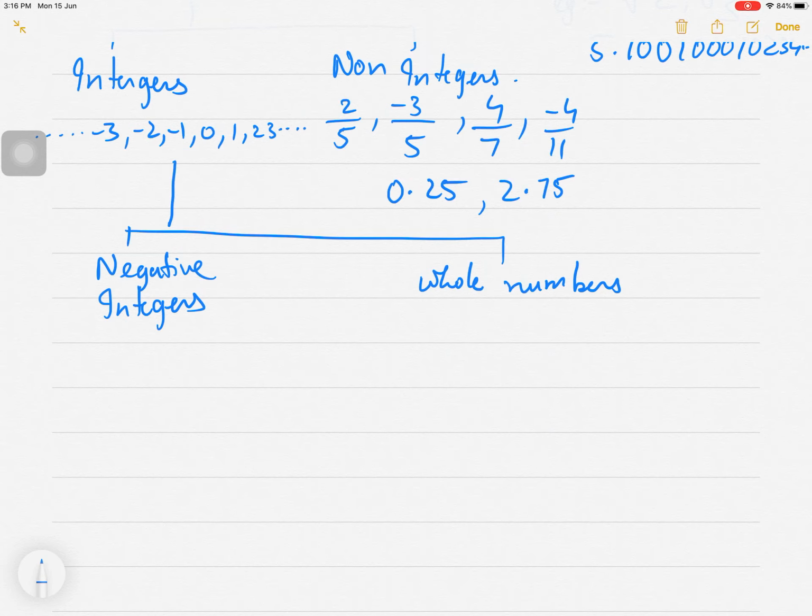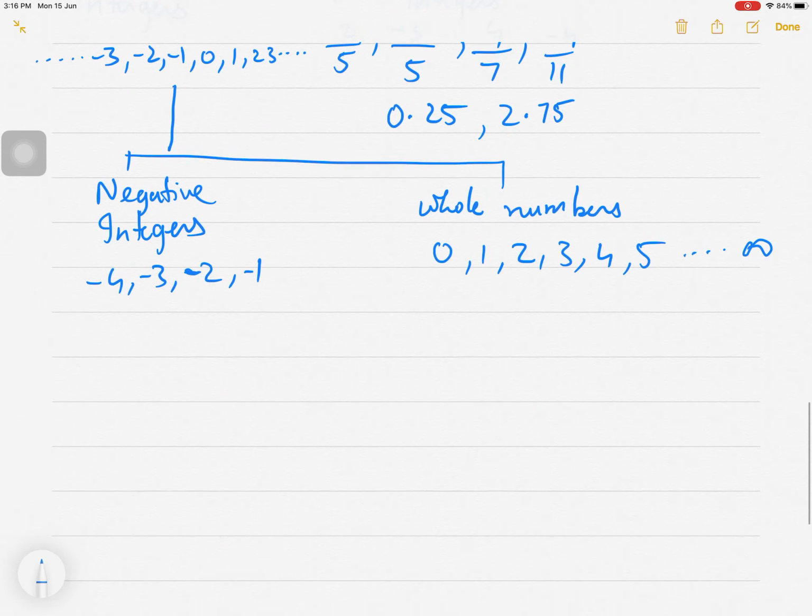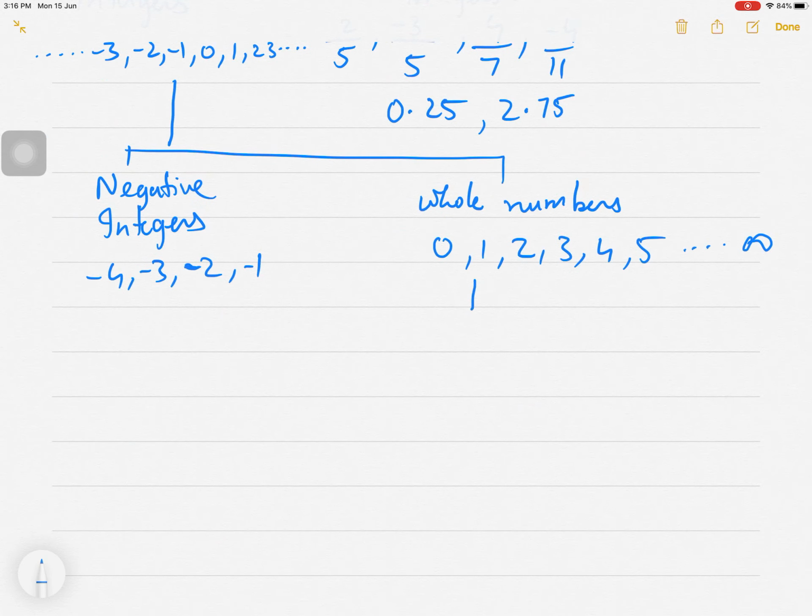Okay. Negative integers are -4, -3, -2, -1, right? And whole numbers are 0, 1, 2, 3, 4, 5, so on till infinity. Again, whole numbers can be divided into natural numbers and 0.